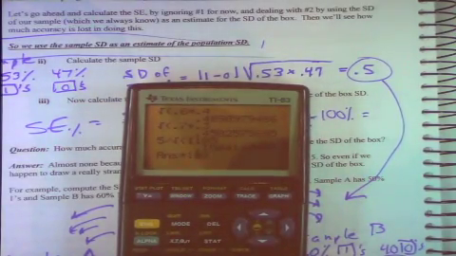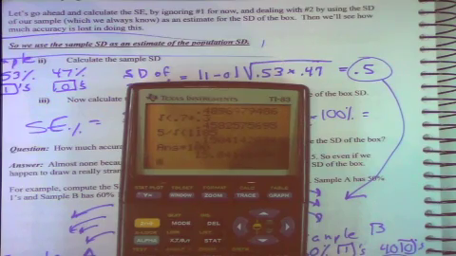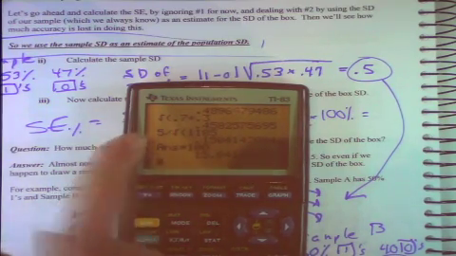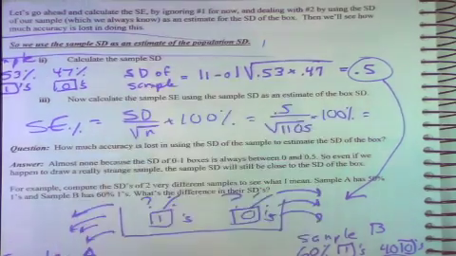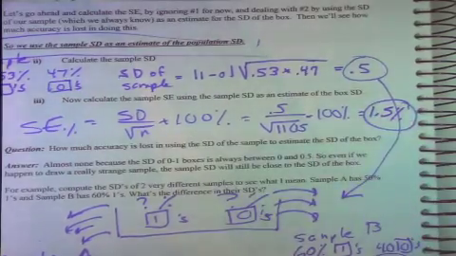Ooh! What did I do wrong? I did 5 instead of 0.5, so that should be 1.5%. That's our standard error.